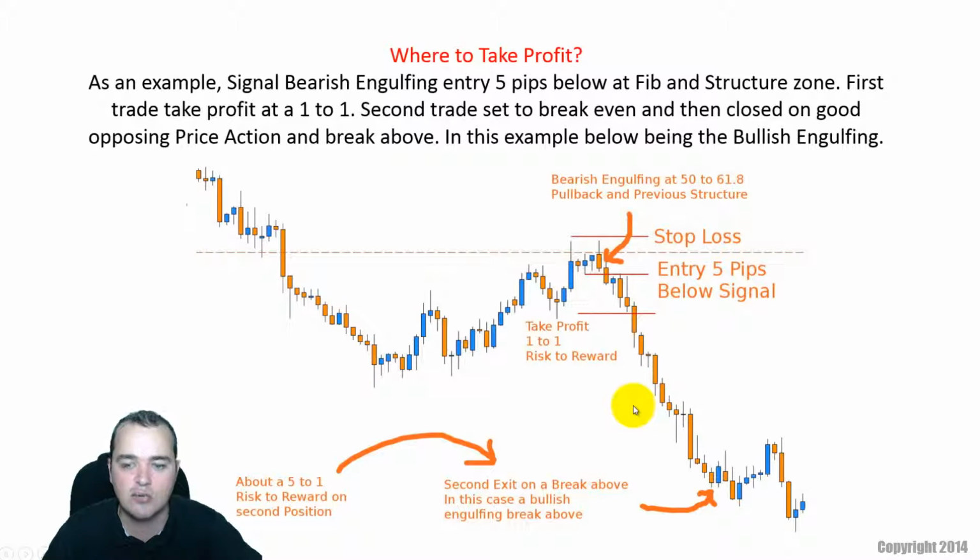And in the previous example, it showed that using price action was not as beneficial, so sometimes either or is better, or sometimes using a combination of both. The choice is yours. As long as you are getting more than a 1-to-1 on your first position, and then you're using good reasoning to get out of your position, such as opposing structure or opposing candlestick price action, they are great ways to manage a trade. Okay, let's go on to the next one.